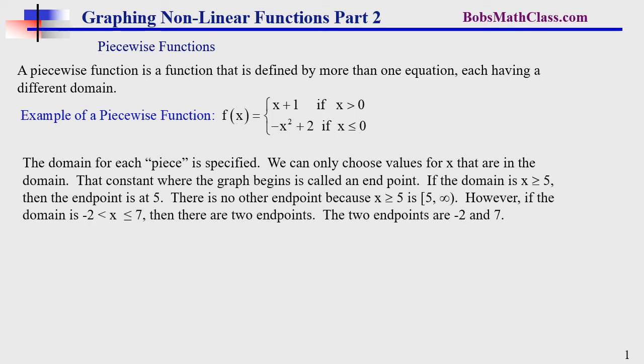Okay, so the domain of each piece, probably why it's called a piecewise defined function, the domain for each piece is specified. And when we choose values for x, they must be in the domain. So when you make your table, you have to choose values that meet that condition. So for example, this top row says x is greater than 0.